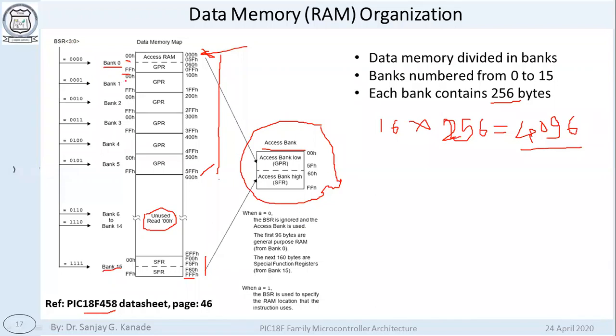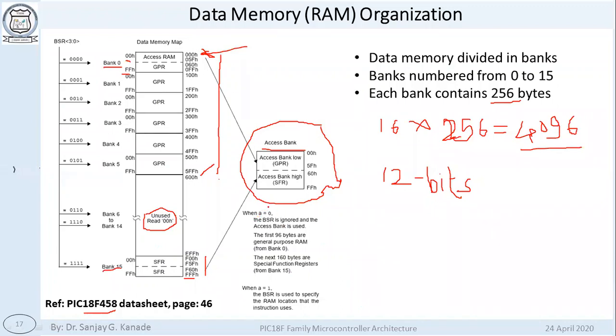Now, if you note down, we need 12 bits for an address, any of these addresses. In most instructions whenever we try to access the memory from this RAM, there is a bit A in the instruction.